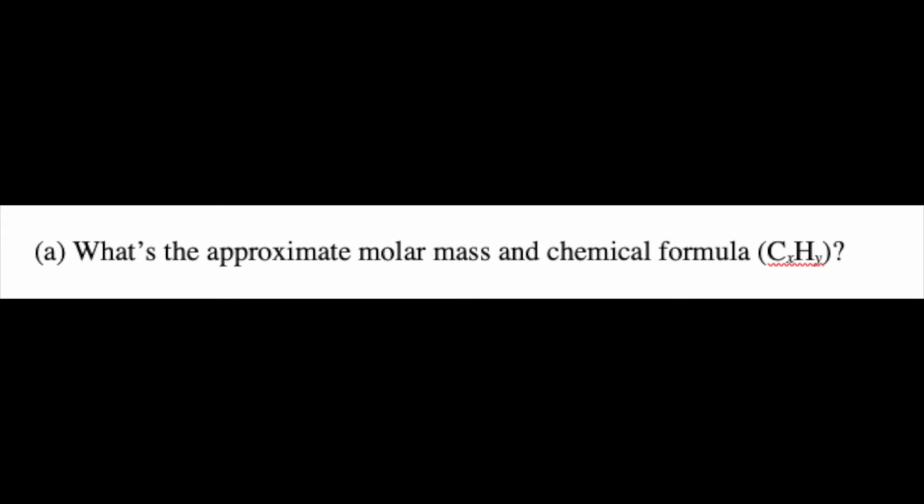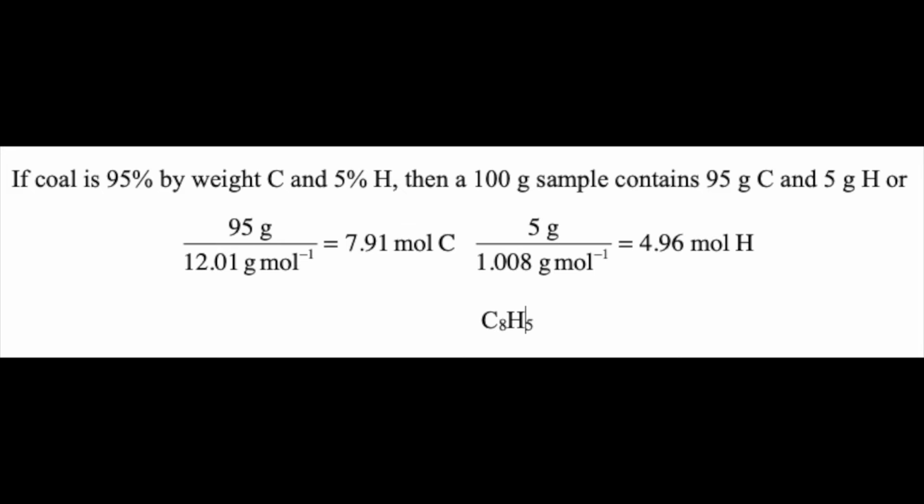So now, what is the approximate molar mass and chemical formula of coal? Well, let's assume that we're working with a sample of anthracite that is 95% by weight carbon and 5% hydrogen.